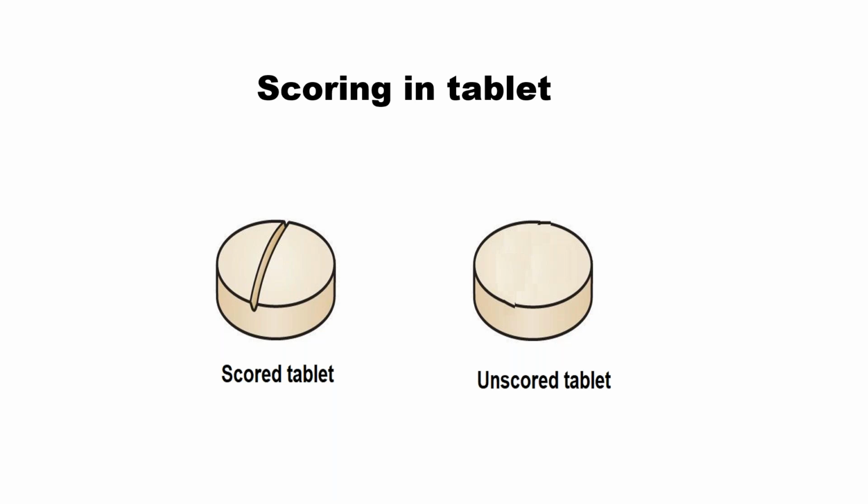Understanding the scoring in the tablet is important because I have developed a psychomotor exercise while using the tablets in clinical practice, and it uses the scoring of the tablet. I will be showing it in the later parts of my discussion.